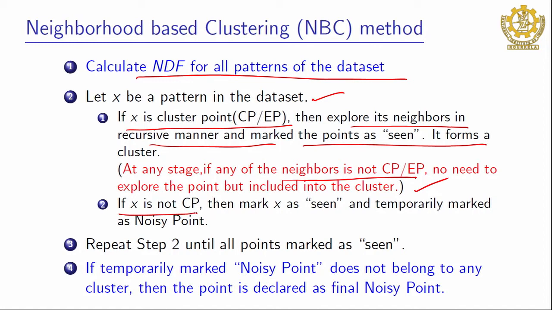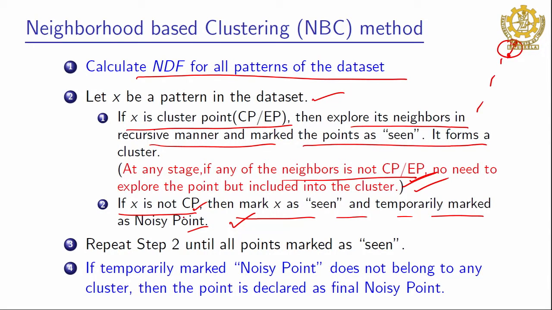And if it is not a core point, that is, not a cluster point, then mark x as seen and temporarily mark it as a noisy point. This is a confirmed border point because you traverse and reach a point that you understand is a core point. But in this case, you started with some border point, so you are not sure whether there is any core point or not.